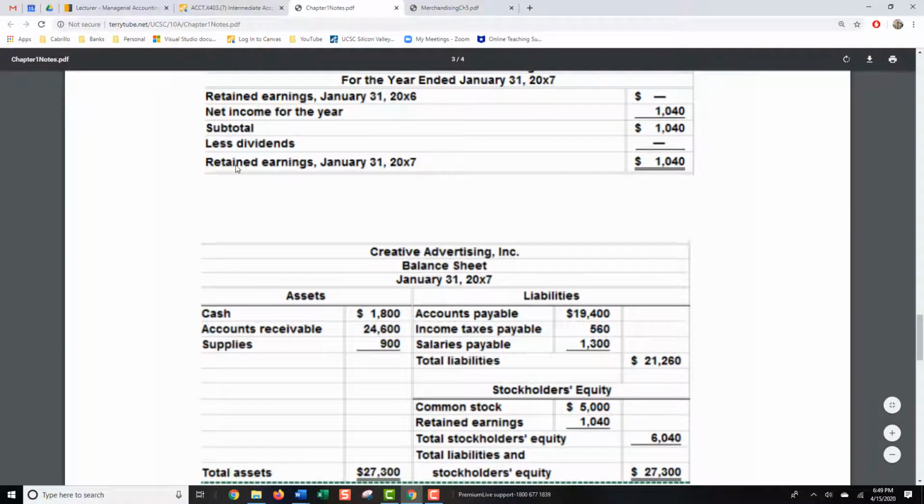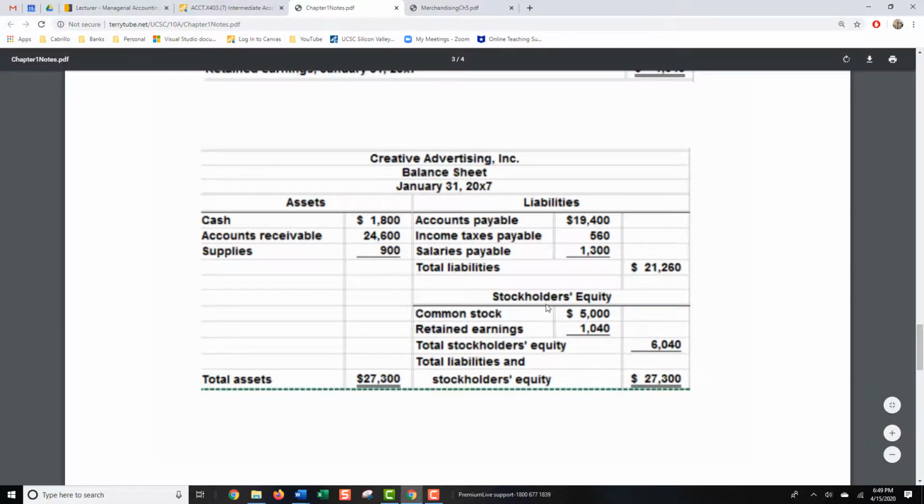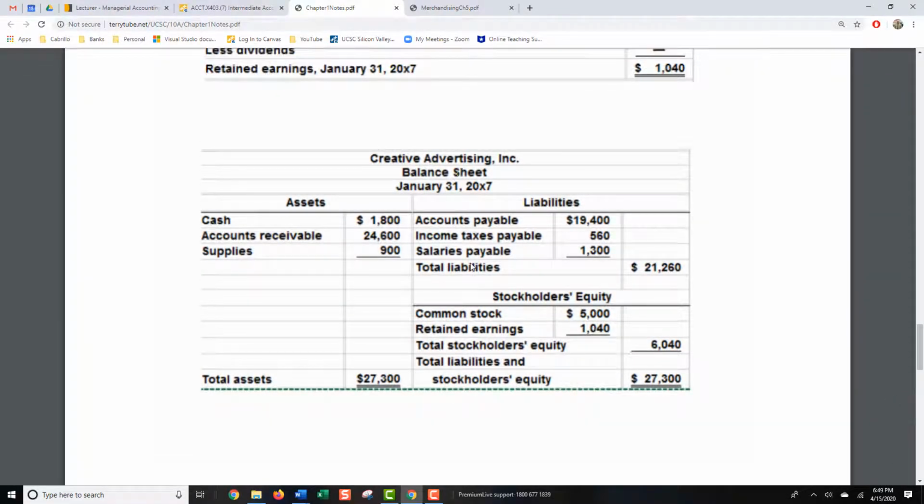Now that new retained earnings balance has to feed in down here in the balance sheet. So you'll notice that the balance sheet is nothing more than the accounting equation: assets on the left, liabilities and owner's equity on the right.